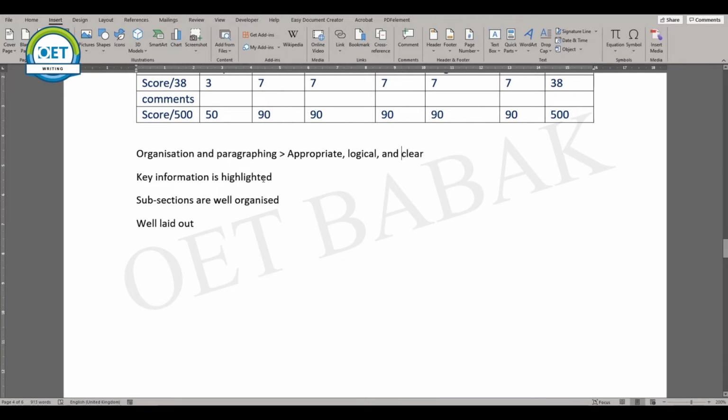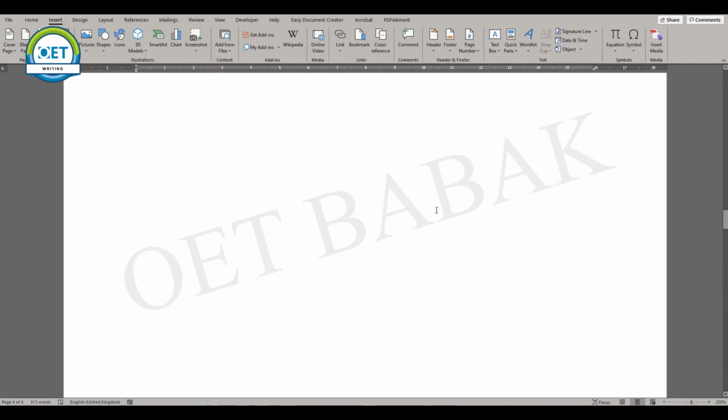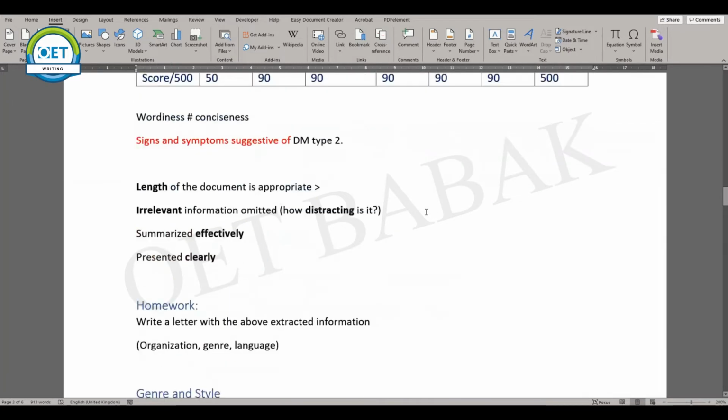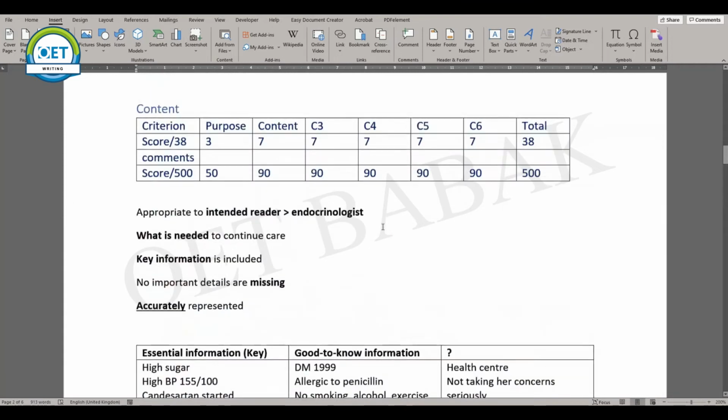In order to get there, I need to know what it means that the key information is highlighted. How do we highlight the key information? Any idea? By writing them in paragraphs. You see, we had this key information earlier in content, if you remember.